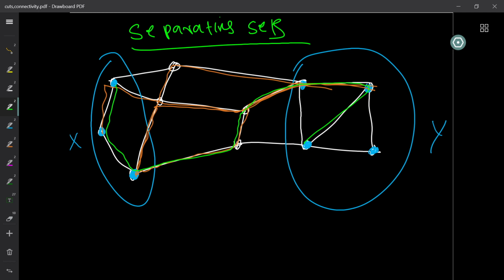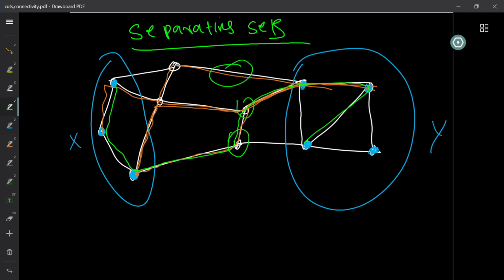Now if you look at these paths, you will see that every such path must go through at least one of these vertices, or this edge. So every path must use either of these two vertices, or this edge, or maybe both.